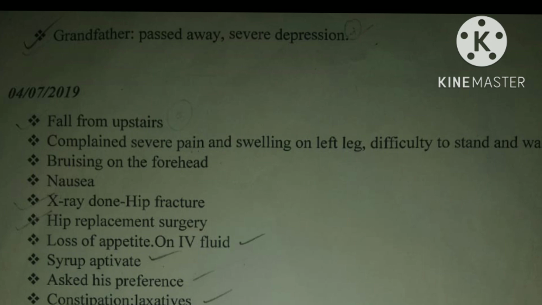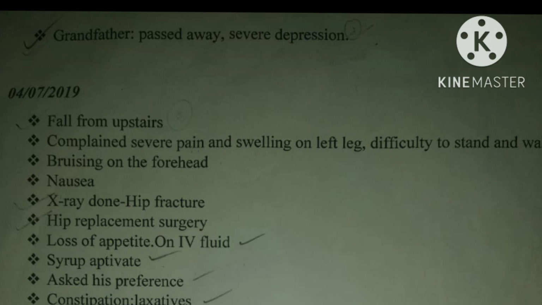Then the present complaints. On 4/7/2019, she fell from upstairs, complained of severe pain and swelling on the left leg, difficulty to stand and walk, bruising on the forehead, nausea. X-ray done: hip fracture. Hip replacement surgery. Loss of appetite, on IV fluid, syrup Actrapid, asked his preference.